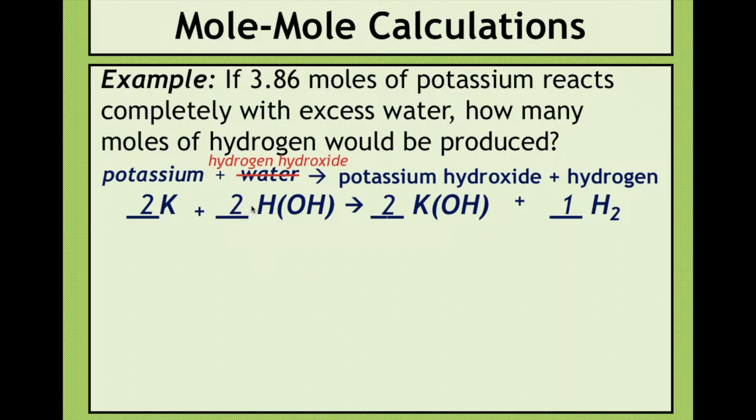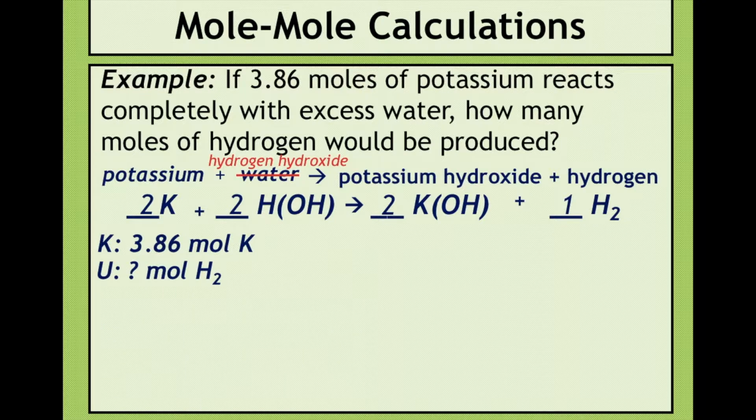You have 4 hydrogens here and 4 hydrogens here. Oxygens, we have 2 oxygens here, 2 oxygens here, so we're balanced. Balancing isn't the main point of this, so we didn't do the tally method. I just kind of gave you the answers.